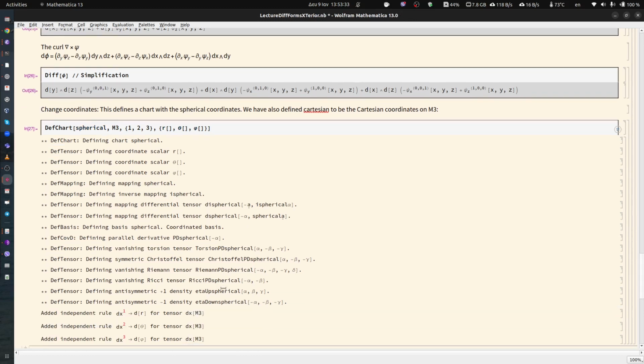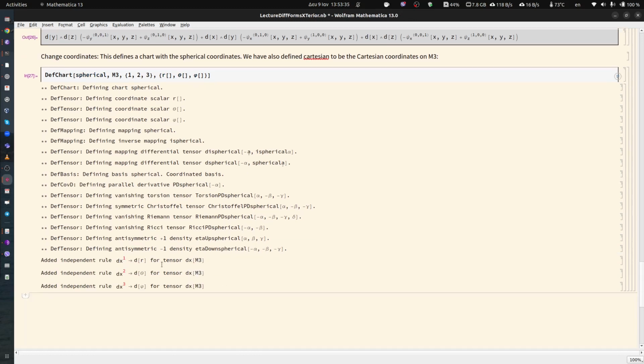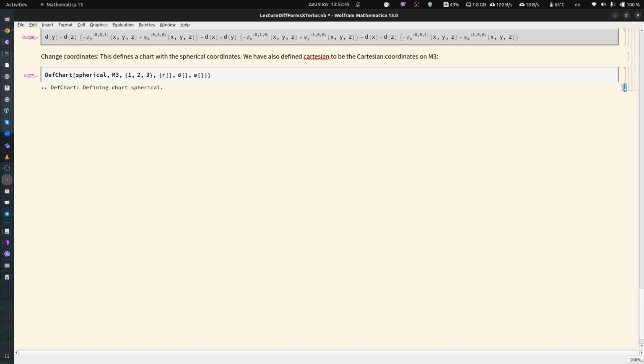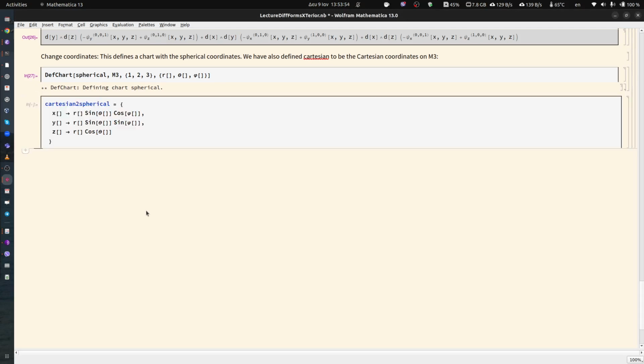So we evaluate this cell. You see everything that is done under the hood. I advise you to read those messages. And now let's define the rule of the coordinate change.